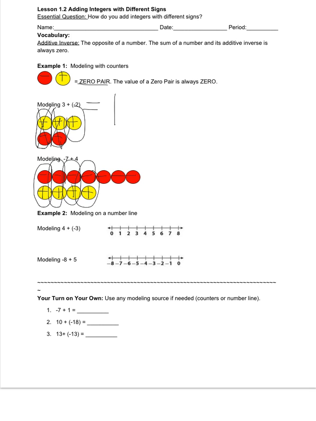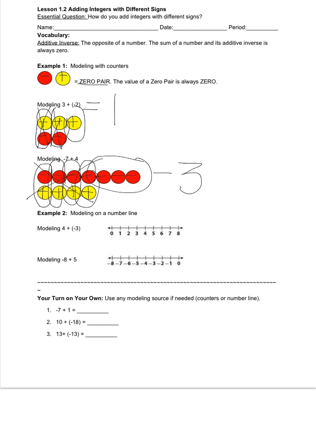Our 0 pairs have a value of 0, so 0 plus 0 plus 0 plus 0 is 0, no value. What we have left are 3 negatives, or 3 red counters. So the sum of negative 7 and 4 is negative 3.